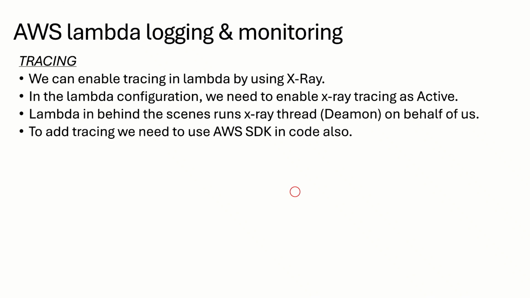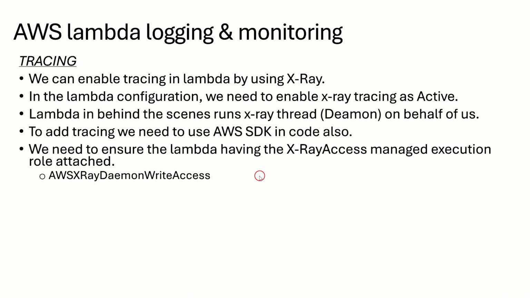In the code we have to use the tracing AWS SDK. Finally, you need to ensure the Lambda has X-Ray access. That can be provided by a managed execution role, the AWSXRayDaemonWriteAccess role. This is a managed role available in IAM roles. You can leverage it.